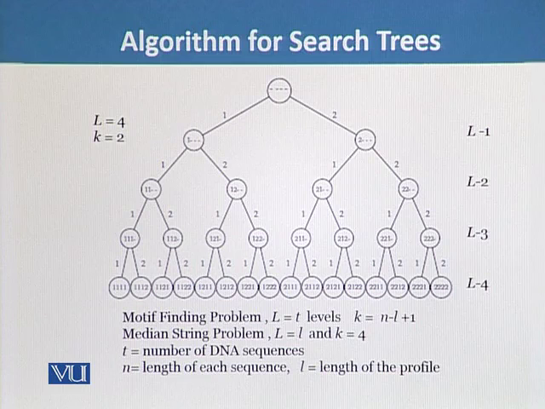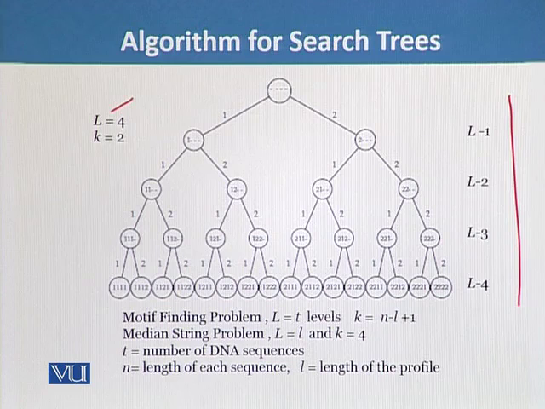So the computer scientists often represent all the L-mers as the leaves of a tree, as we can see in this figure. This is the root of the tree, and in each step these are the leaves of a tree. So the scientists consider it as the leaves of a tree. So L-mer trees will have L levels.